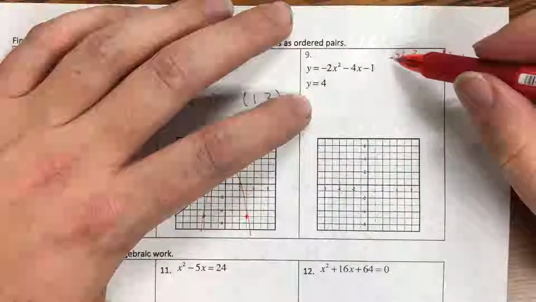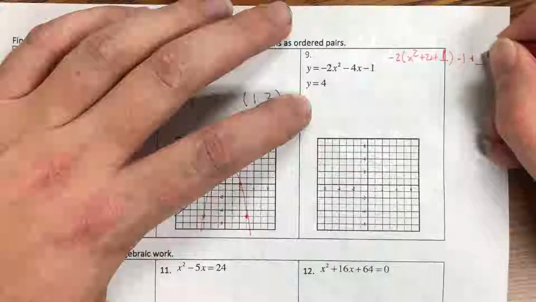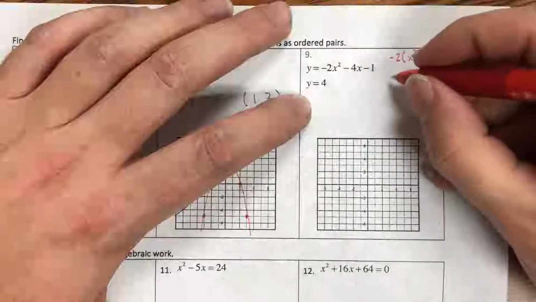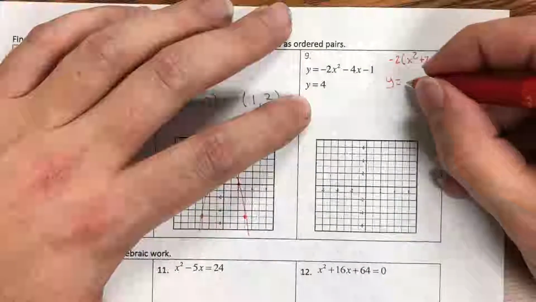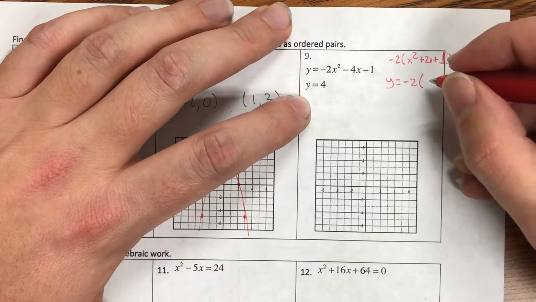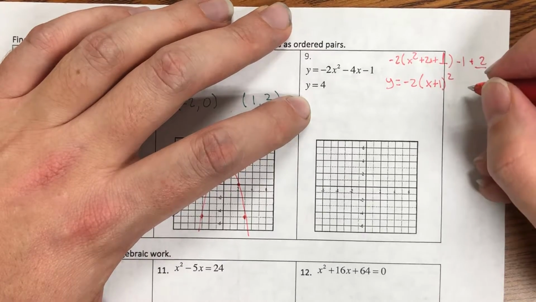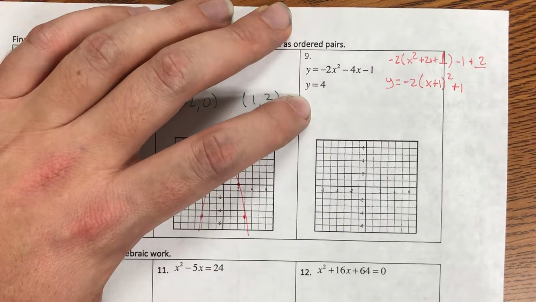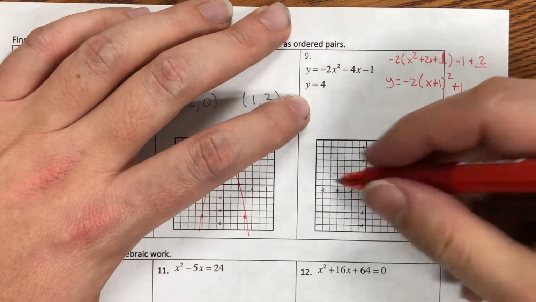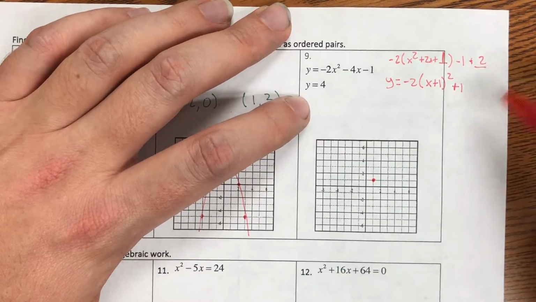To figure out what goes on the outside, negative 2 times 1 is negative 2, so it's minus negative 2 or plus 2. So this is y equals -2(x + 1) squared plus 1. That tells me my vertex point is at (1, 1).